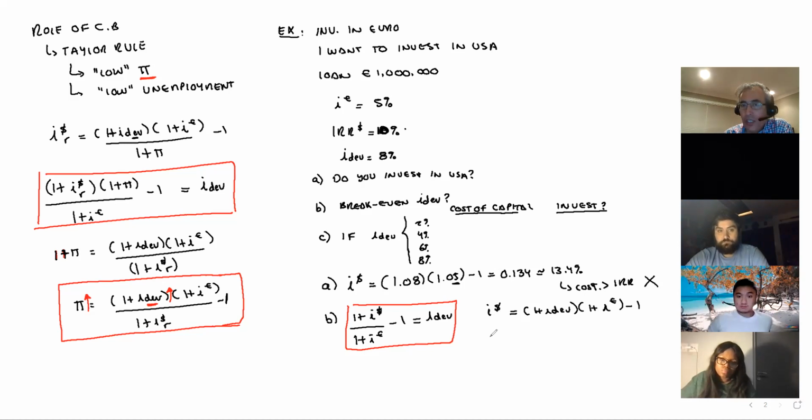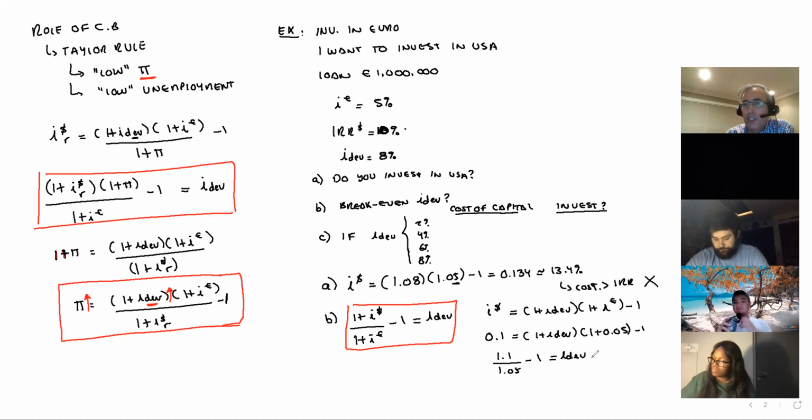You agree? So I want this number here to be 0.1. So this is equal to I def 1 plus 0.05 minus 1. And then here's where the formula comes. So this is going to be 1.1 divided by 1.05 minus 1. Correct? This is my maximum depreciation rate. So this equals what? I got 4.76%. Perfect. 4.76%.